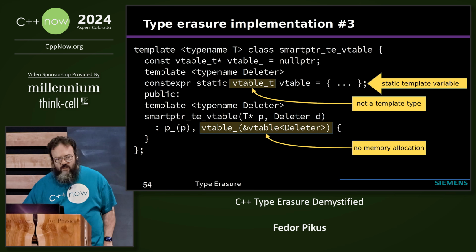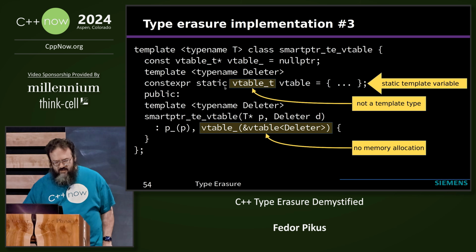It's a variable. I'll show you later what goes into initialization, but it's a template static variable. Regardless of the deleter type, it has that vtable t, which is that struct of function pointers. It has that type, matches this pointer.